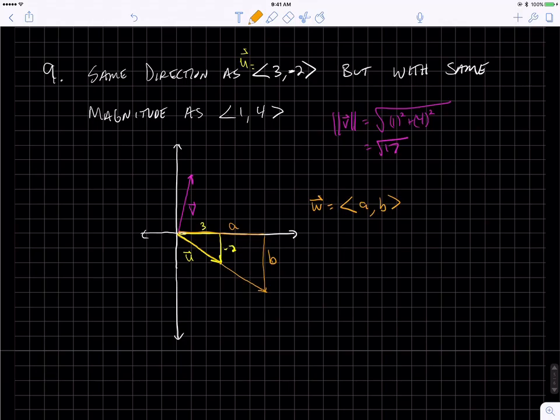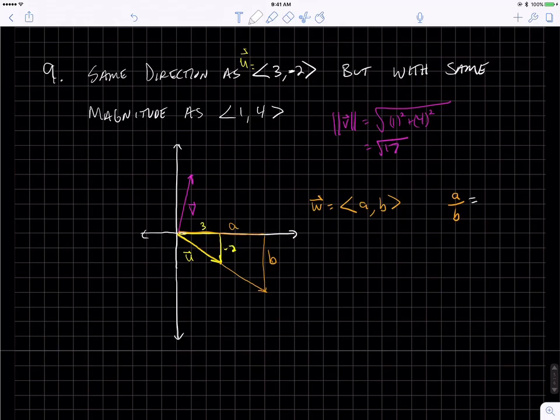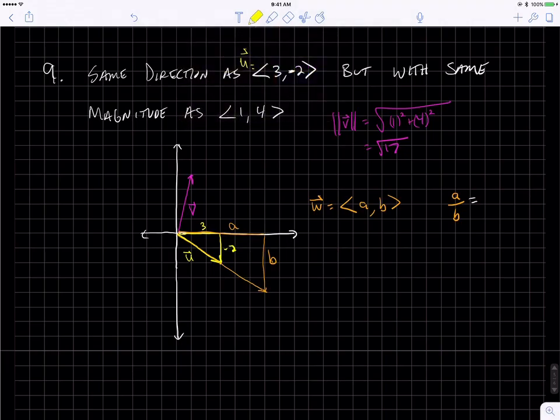I know that the ratio of A to B has to be equal to the ratio of 3 to 2. I'll deal with direction later. I don't need that -2. I just know my orange triangle's got to have that same ratio, because those are similar triangles if they're going in the same direction. That's how I'm going to think about direction.